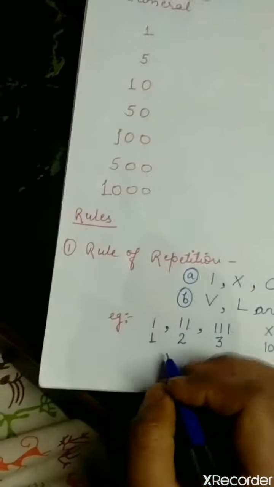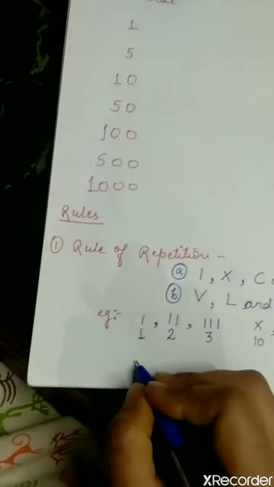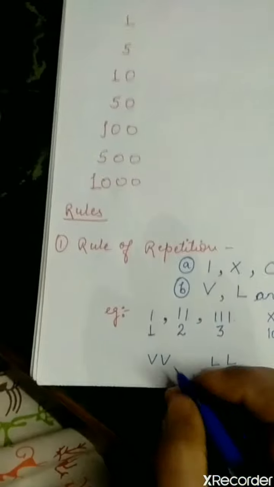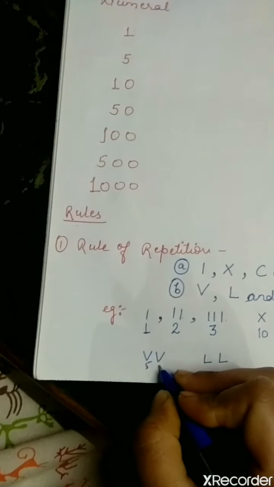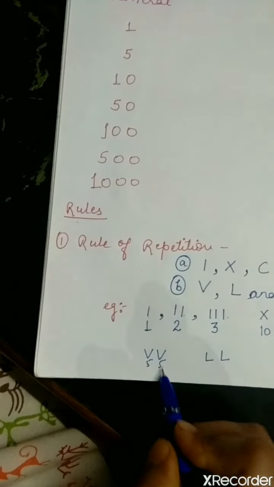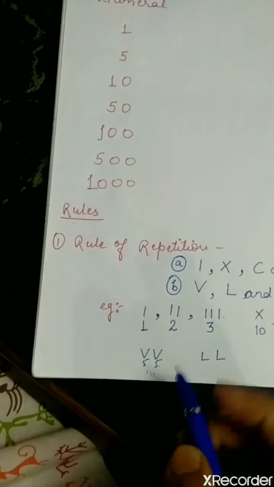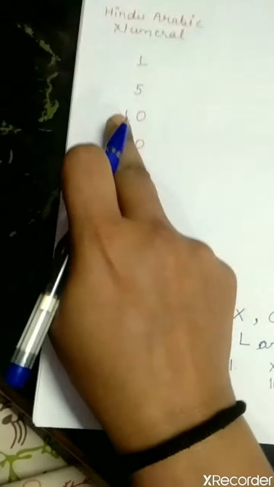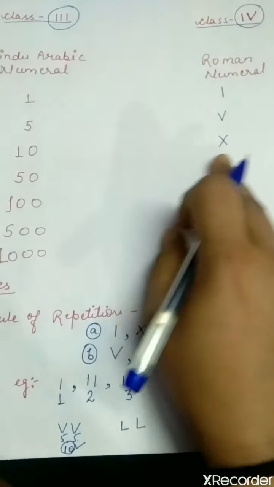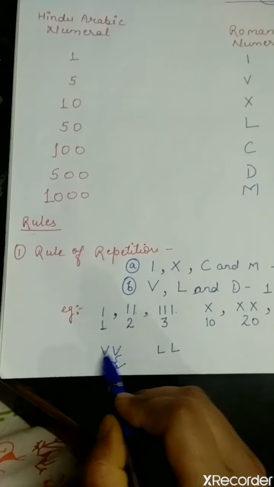What are those? That is V, L, D. These 3 symbols we cannot repeat; we can write them only 1 time. We cannot write VV because one V means 5, another V means 5, and 5 plus 5 means 10. But we already have the symbol of 10. You know what the symbol of 10 is? It is X. So we cannot write VV.